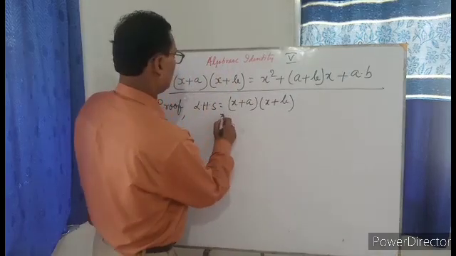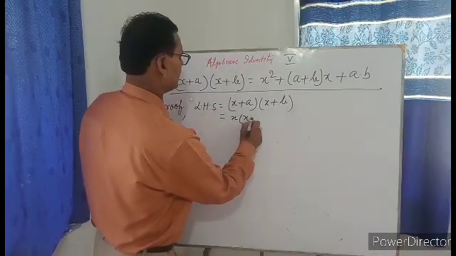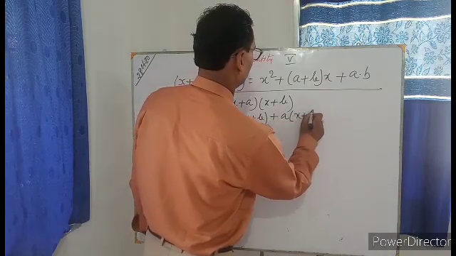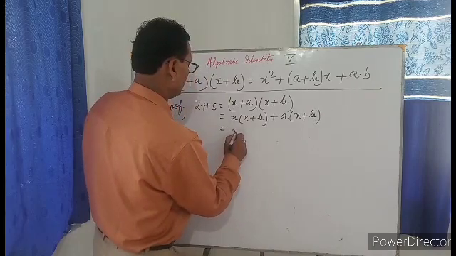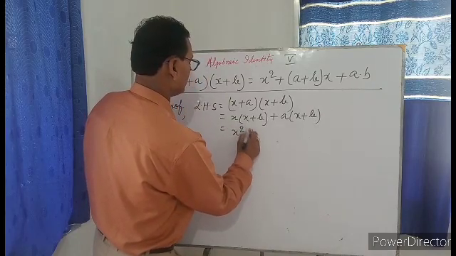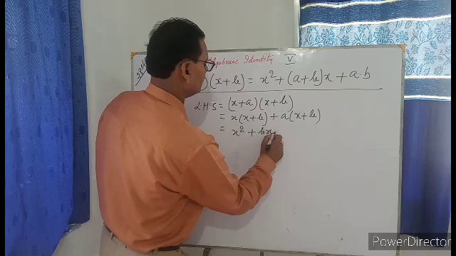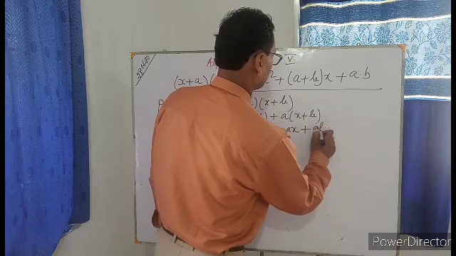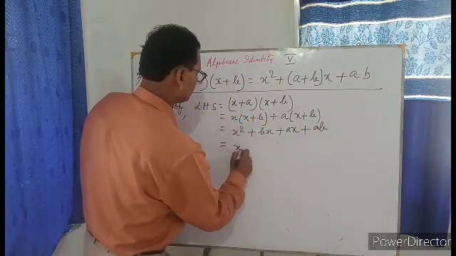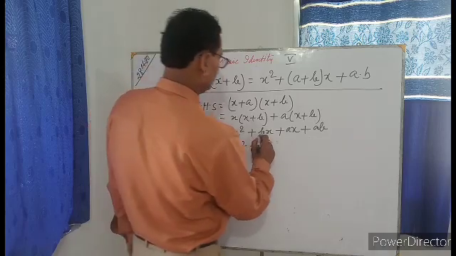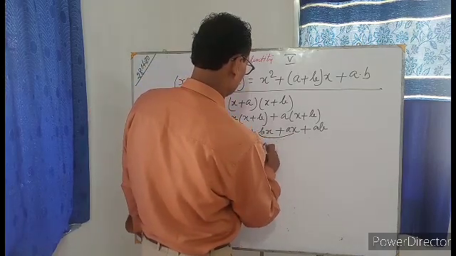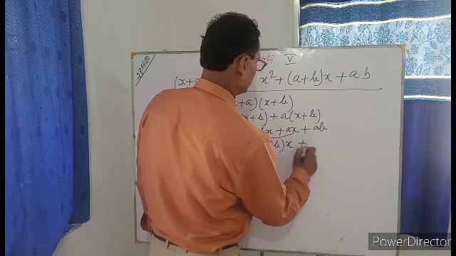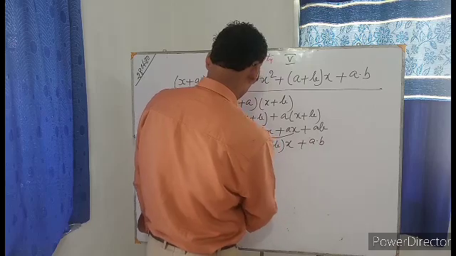If you multiply, you will have x into x plus B plus A into x plus B, and this will give you x square plus xB plus Ax plus AB. Okay, x square plus, in these two terms x is common, so A plus B into x is taken common, plus A into B, equal to RHS.